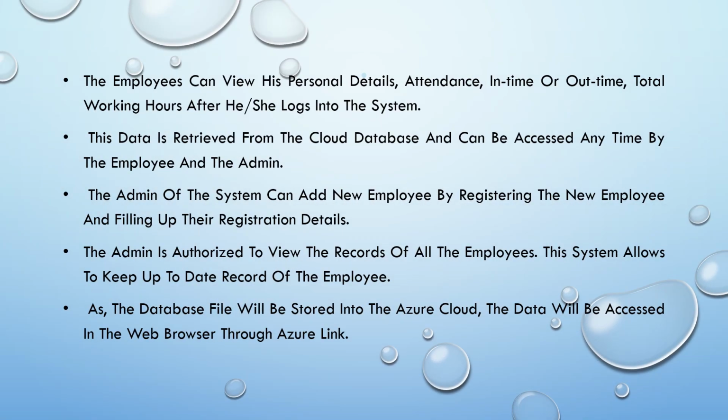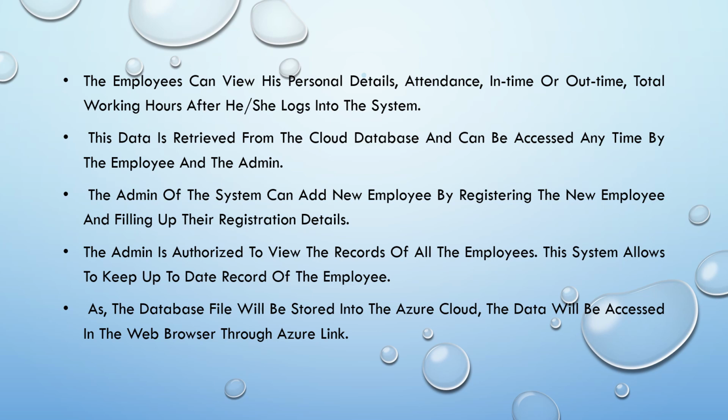Also, the employees can view their personal details, attendance, in-time, out-time, and total working hours after they log into the system. This data is retrieved from the cloud database and can be accessed anytime by the employee and the admin. The admin of the system can add new employees by registering them and filling up their registration details.